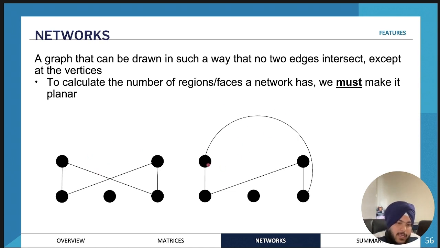We'll have to convert it into this isomorphic graph where we can clearly see the edges, and they're not intersecting. So therefore, it's 1, 2 faces only. So really important to make sure that you don't have any intersecting edges if you want to count the number of faces.